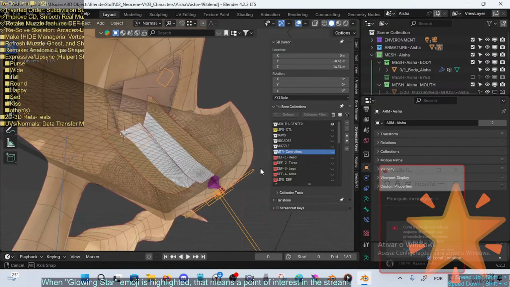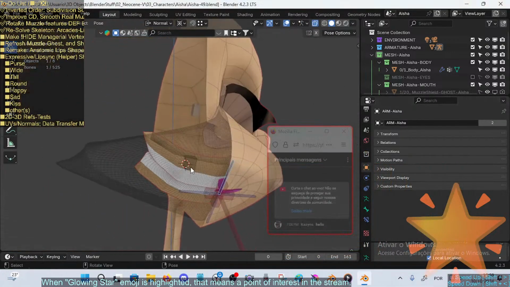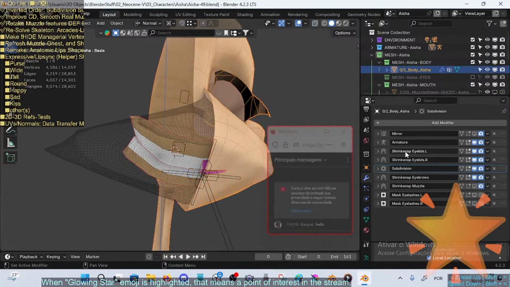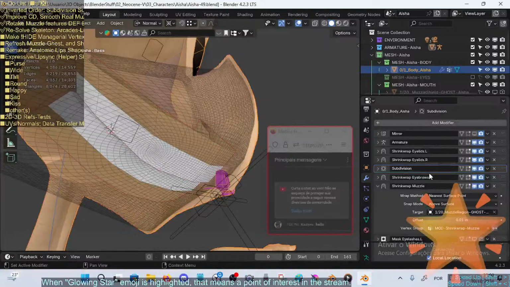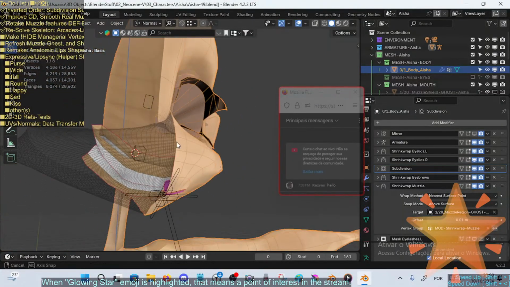And here it's normal to have stuff like that, because of the shrink wrap that I have here for both shrink wrap muzzle. There is a value that probably I need to retake here. Let's see.